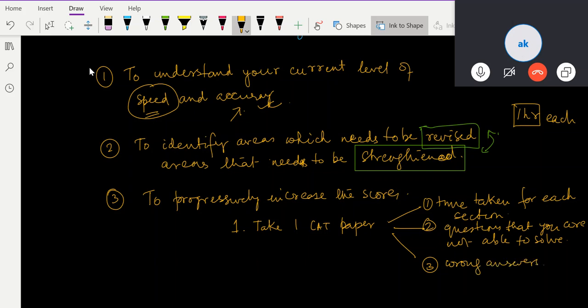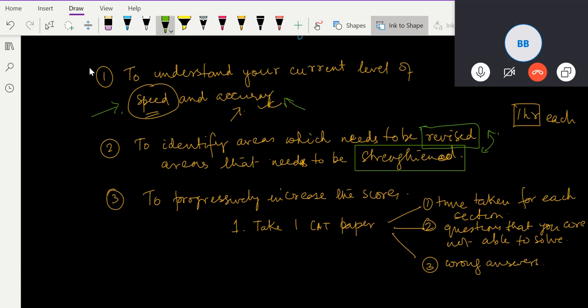Now, why am I telling you to do this? To understand where we stand right now. As I mentioned, I'm trying to see the speed as well as the accuracy, both.